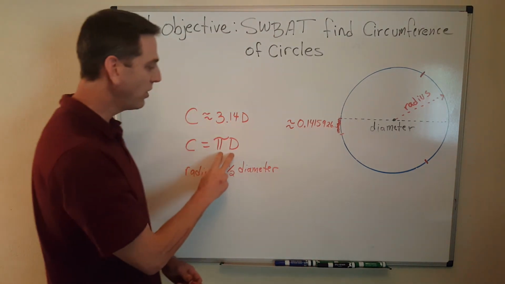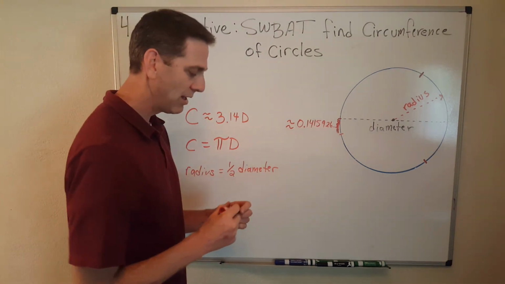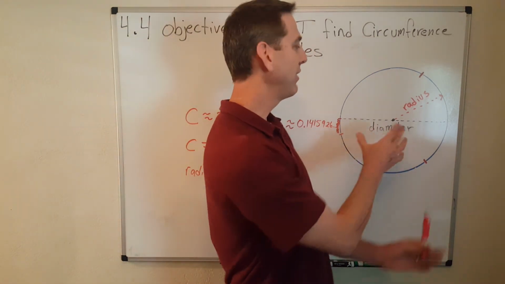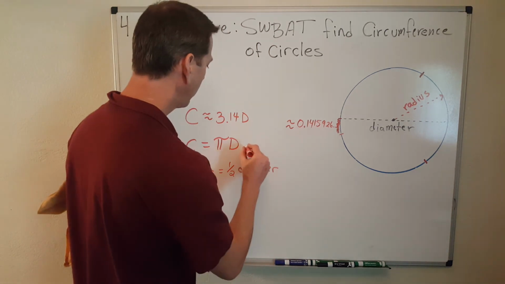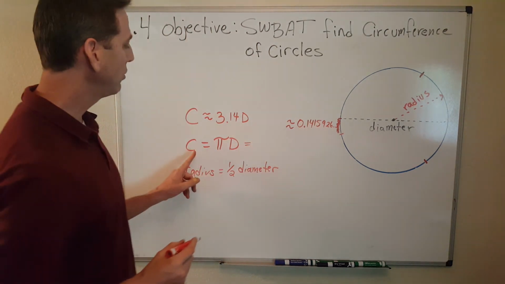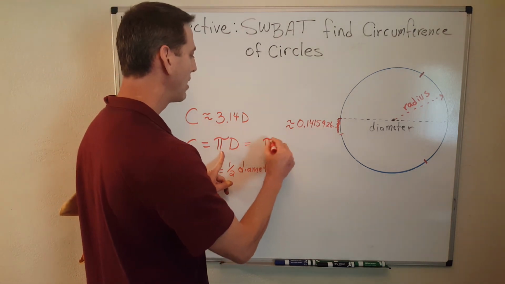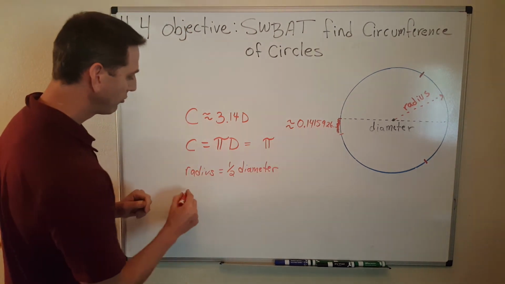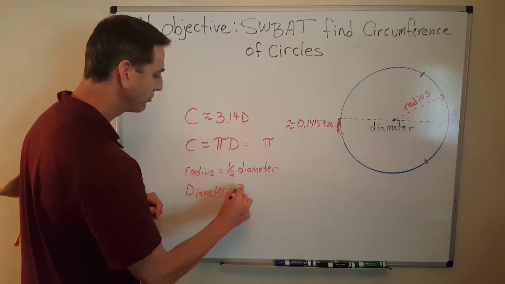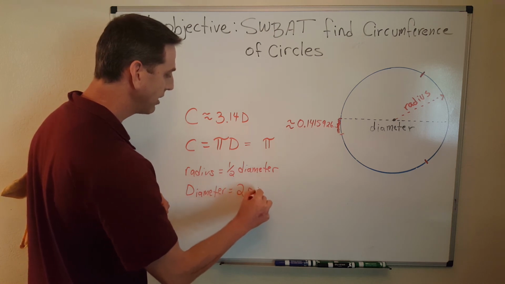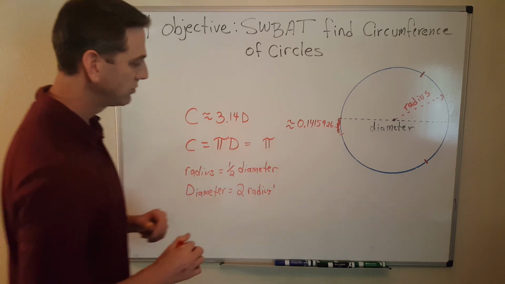There's another way we write this sometimes. Instead of saying pi d, a lot of times, instead of giving you the diameter, they'll just give you the radius. And just to cover that situation, we know that the diameter equals 2 times the radius.